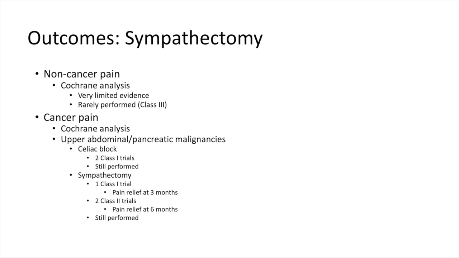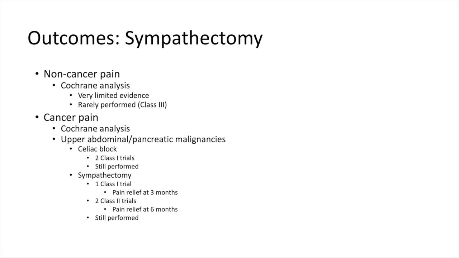These studies generally focused on patients with midline pain from visceral malignancies. The meta-analysis identified 2 Class 1 RCTs demonstrating the efficacy and safety of celiac block in the treatment of pancreatic as well as upper abdominal visceral malignancies.